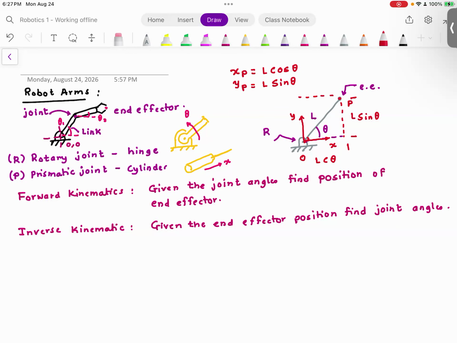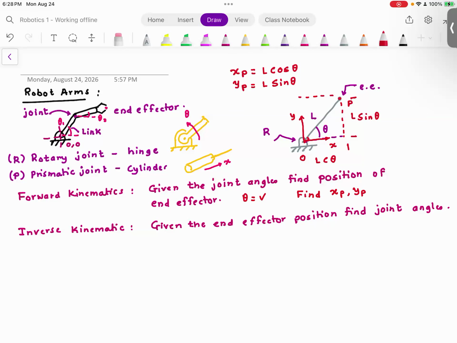So theta is known, and find XP, YP. This problem is forward kinematics. Do you agree with me? Given the joint angles, finding out XP and YP is the forward kinematics problem.